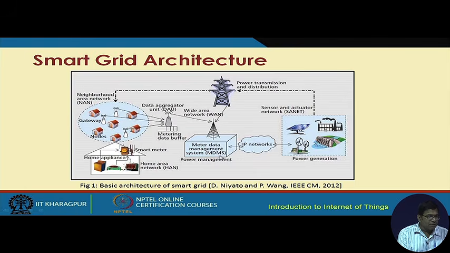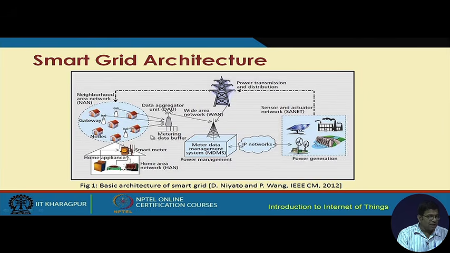Then IP networks can be connected to something known as the MDMS, the meter data management system, and the MDMS can be connected by WAN or even other internet connectivity to the power distribution systems. Then we have the data aggregator unit, where the information from each of these homes can be aggregated, and this data aggregator unit has a metering data buffer which stores and buffers the data and so on.